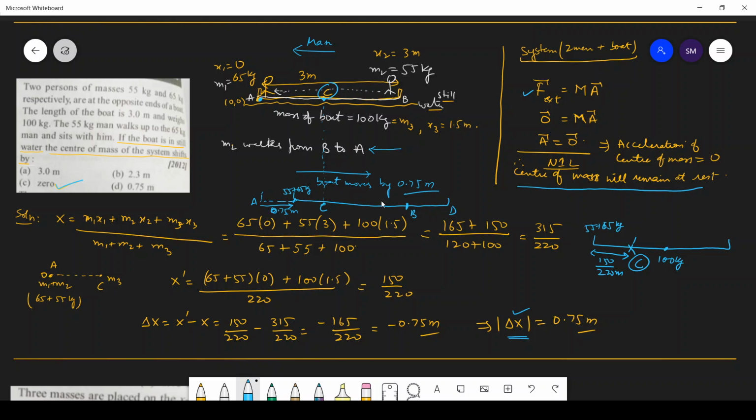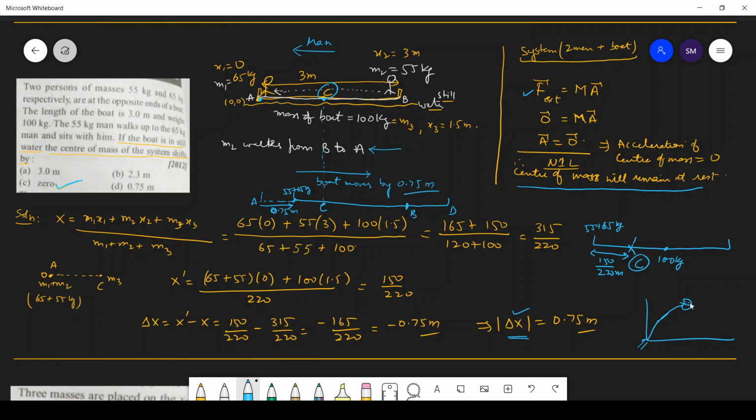That's the point. So here the question was, if the boat is in still water, will the center of mass of the system shift? No, it will remain at 0. If we look at a question where a bomb, which was in the form of a projectile fired from a cannon, explodes in air, it is exploded due to internal energy, not due to some external force.